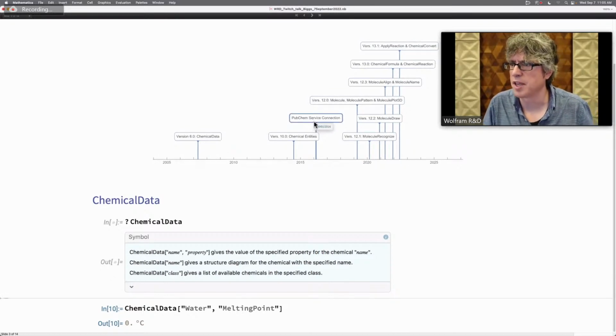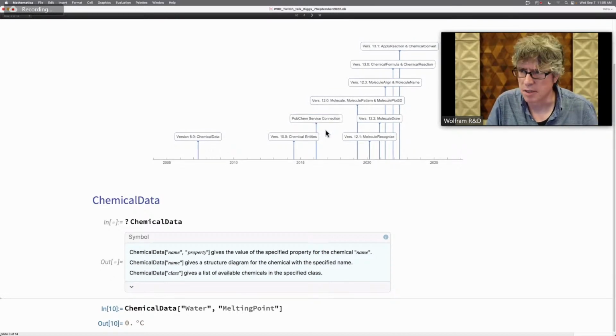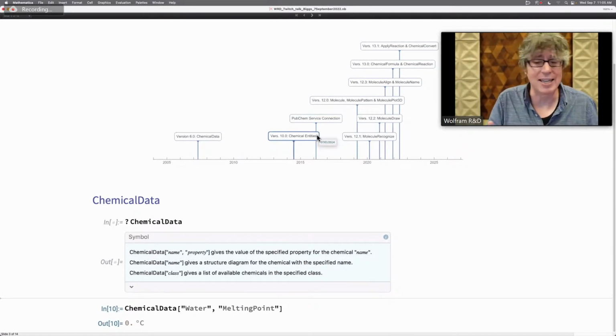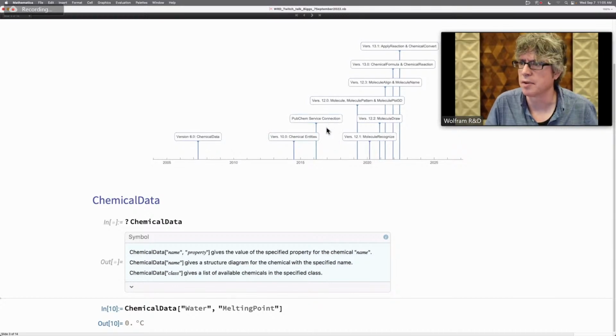Soon after that, we introduced a service connection to outside services, like PubChem, which is a very important one. It's a public repository of information holding info on like 97 million chemicals, the last that I checked. And so using the built-in functions here, you can contact their API and get as much information as they have available.